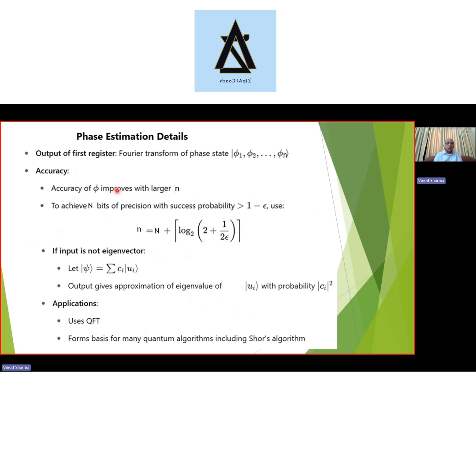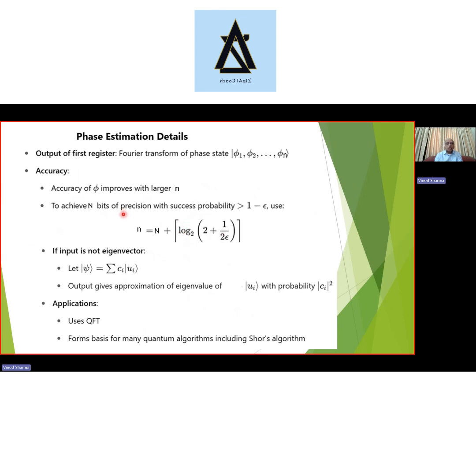So if you want this accuracy, the number of bits N that you need is related to this n as N is equal to n plus the ceiling of log 2 of 2 plus 1 by 2 epsilon, and this is the ceiling operator, where you take the integer just larger than this quantity.